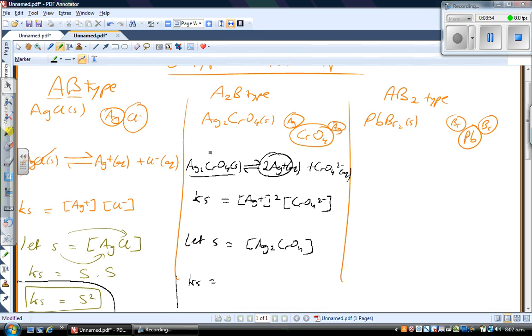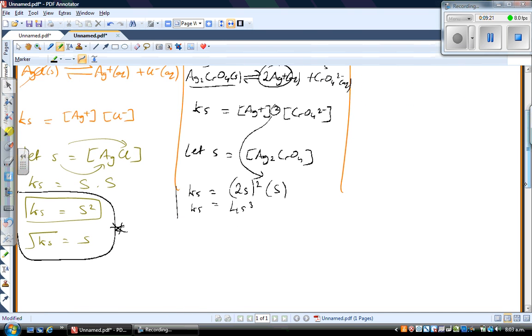So if S represents this, then Ag+ is represented by 2S, and chromate is represented by S. So Ks is now equal to (2S) squared, because it's still squared here, and then times S for the chromate, so Ks is equal to 4S cubed. So Ks is equal to 4S cubed.